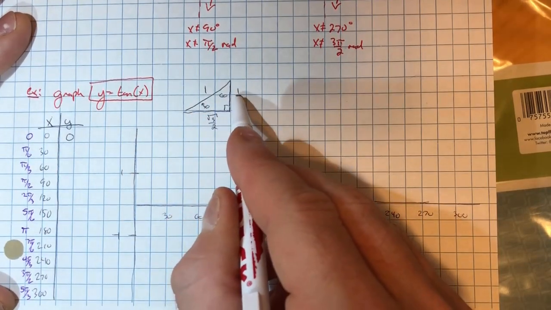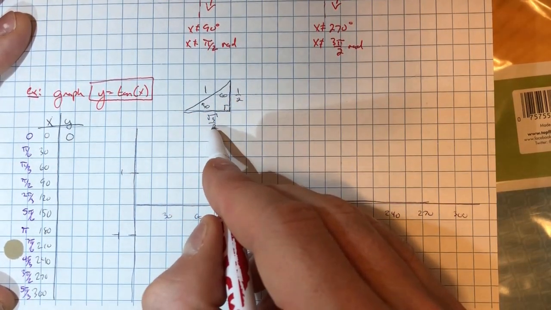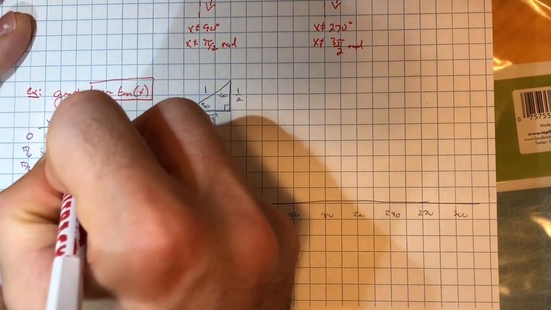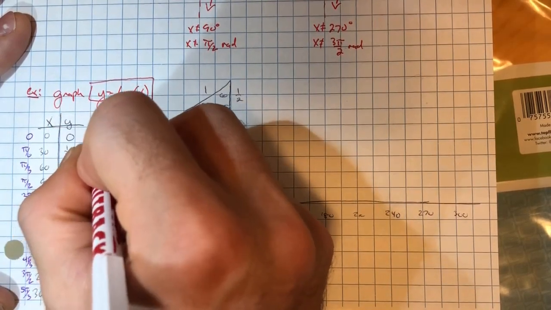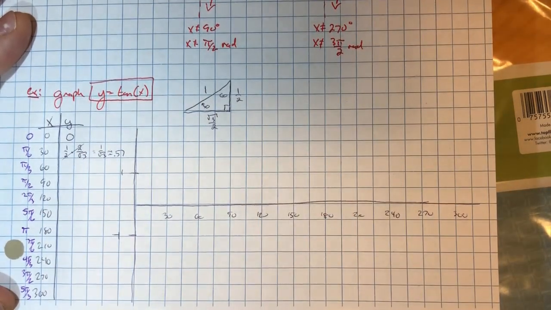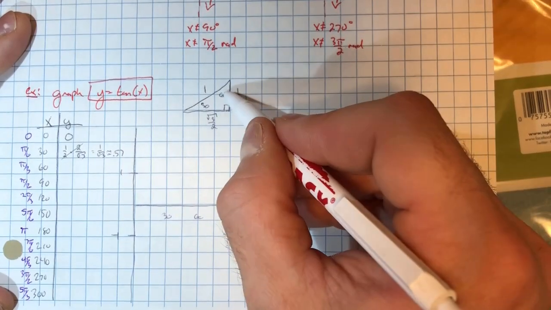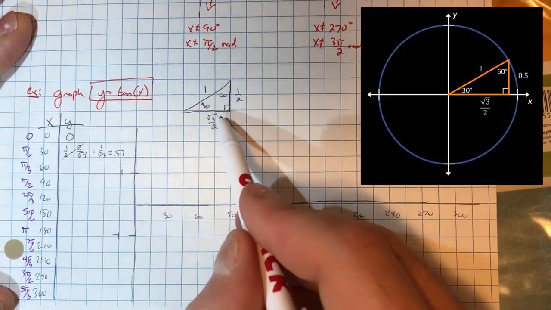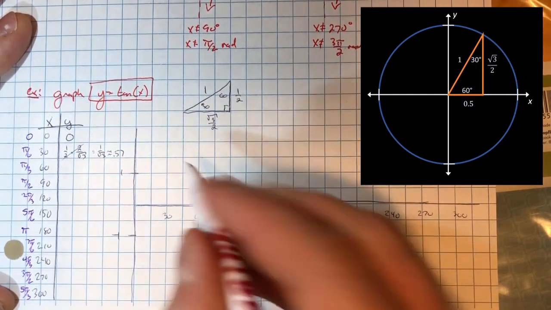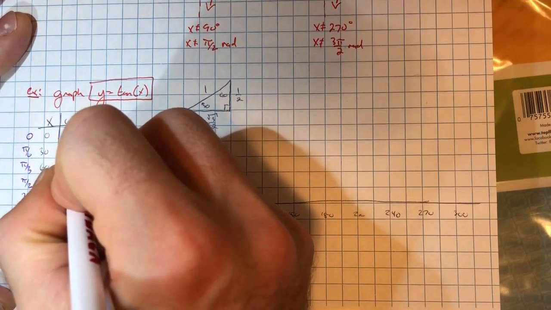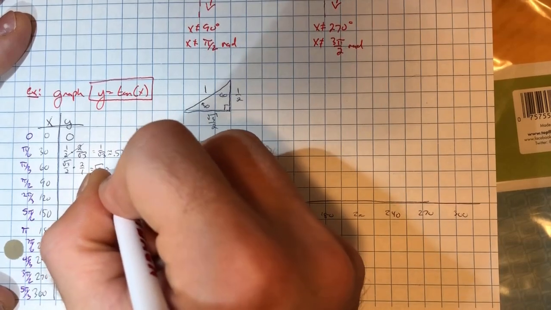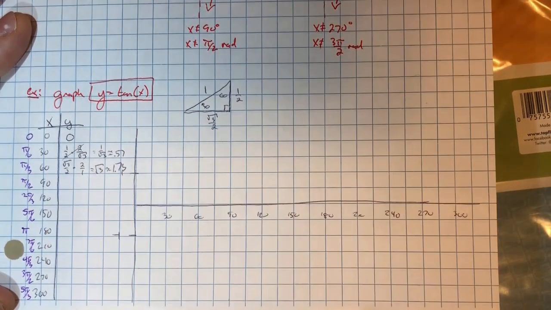At 30 degrees, we're going to have 1/2 divided by the square root of 3 over 2, which we could say, okay, it's actually 1/2 times 2 over the square root of 3, which is going to give us 1 over the square root of 3, or roughly 0.57. If we do the 60 degrees, basically we've flipped this triangle around, and we're saying from this angle, what's the tangent? Square root of 3 over 2 divided by 1/2, or times 2 over 1. It's just the square root of 3, which is roughly 1.73.